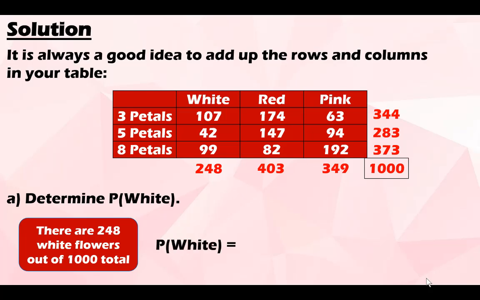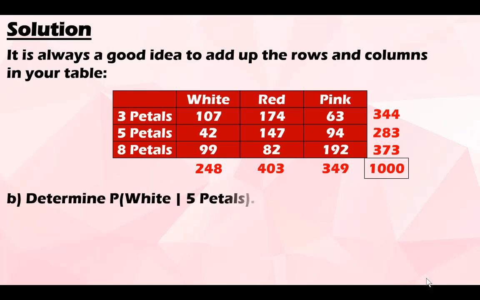That means the probability of choosing a white flower is 248 out of 1,000, which if we reduce, we get 31 out of 125. And sometimes we like to express our answer in decimal form. So if we did that here, it would be 0.248. That's the answer to part A.